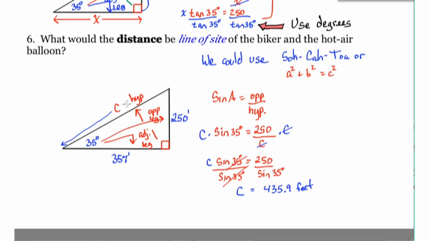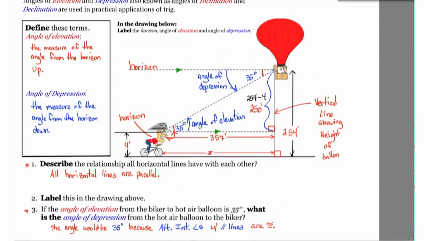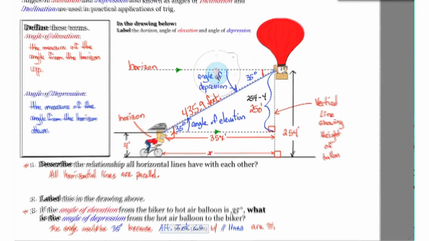That is our hypotenuse, and we can label that in our drawing. The distance between the eye of the biker and the eye of the balloonist is 435.9 feet. And we're done.